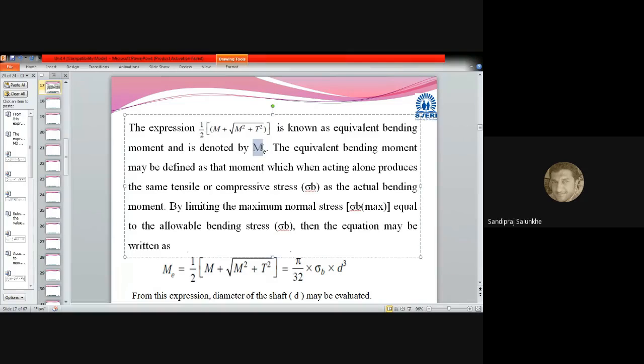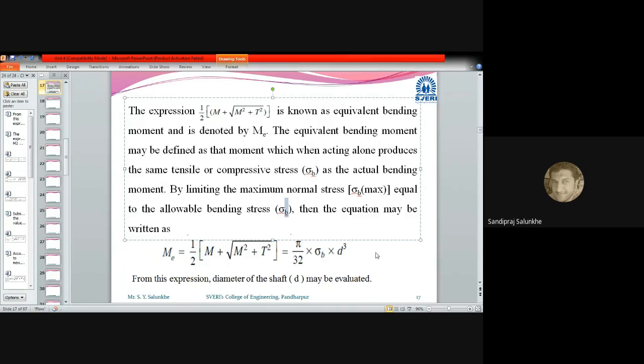Equivalent bending moment may be defined as the moment which, when acting alone, produces the same tensile or compressive stress as that generated by the combined shear and bending. It regulates the limiting value of sigma b, the maximum principal stress for that material, and we calculate the value of d, the diameter of that shaft.